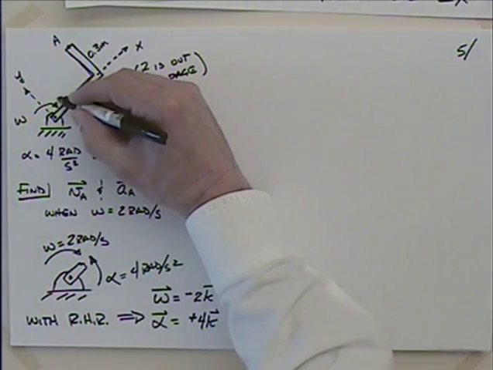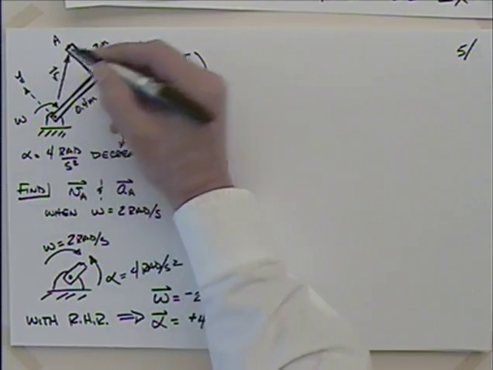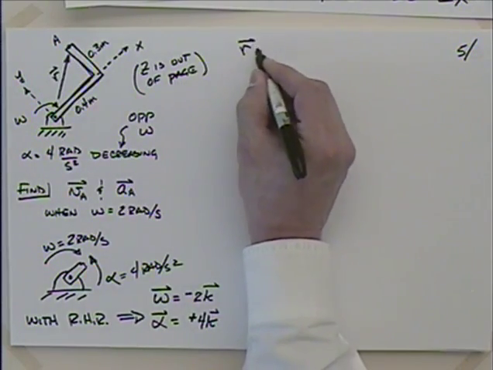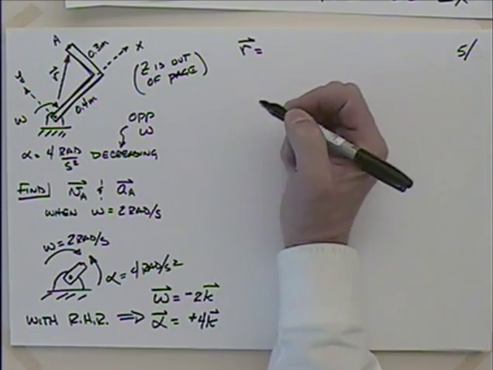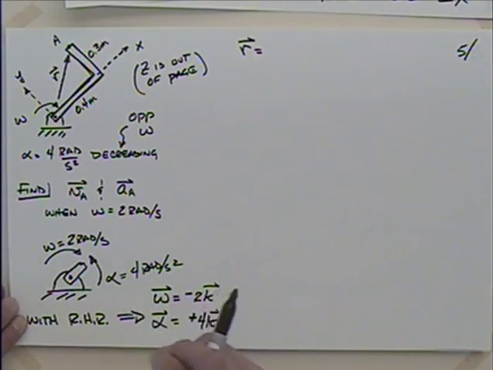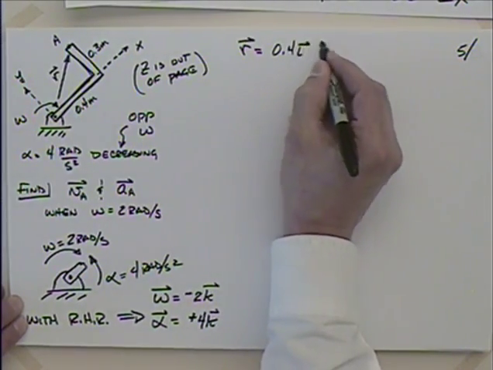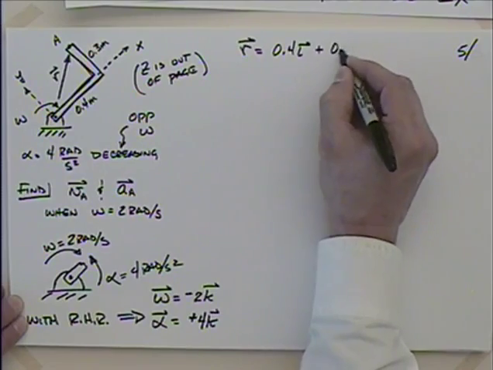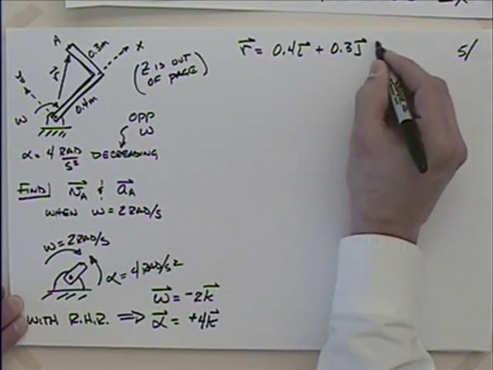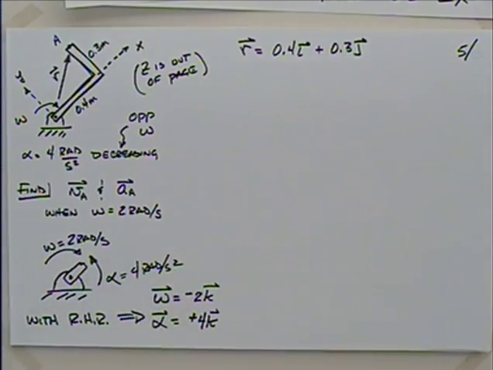The other little piece of information we need to get is this r vector. So can we describe r? What's that going to be? 0.4 in the I direction plus 0.3 in the J direction, right? Just describe to someone how you get from there to there. That should work, right?